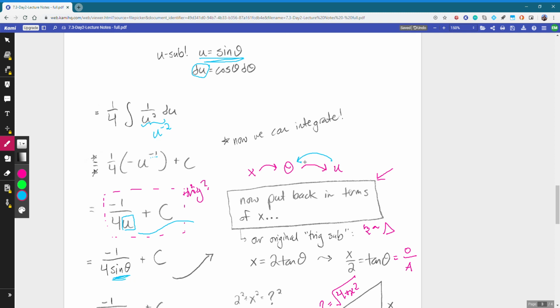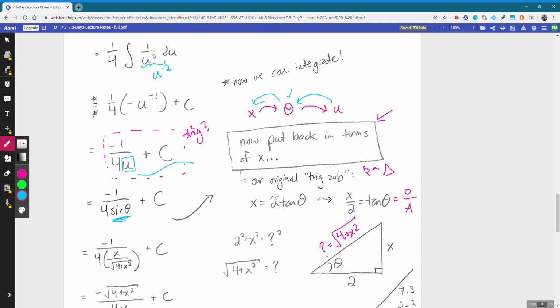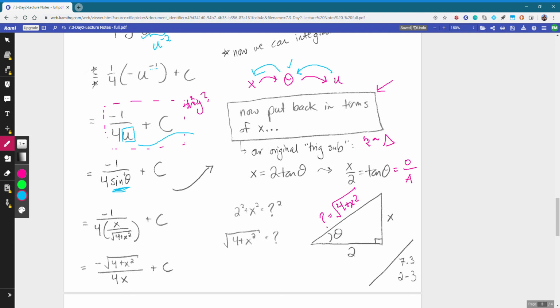All right, and so now we're in the land of theta, and we can use our original substitution to get us back to x, right? And now that we see sine of theta in our function, we can figure out what that is through our triangle, right?